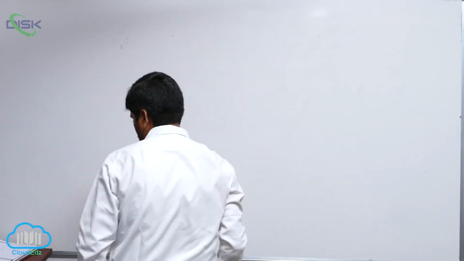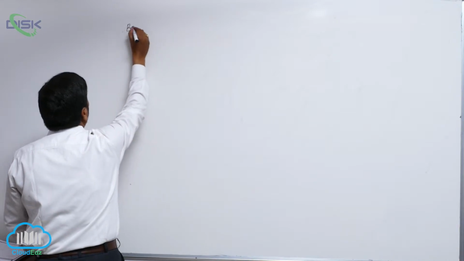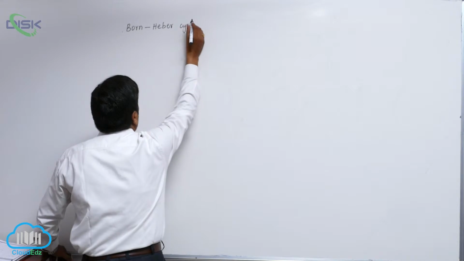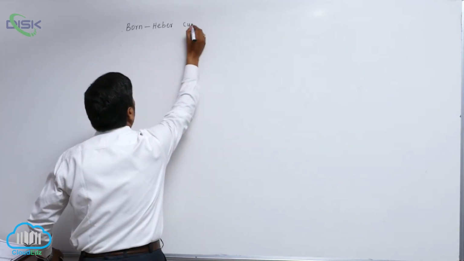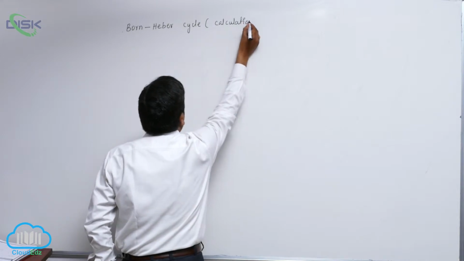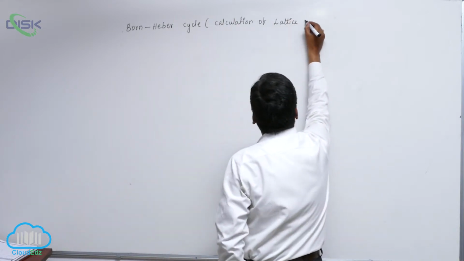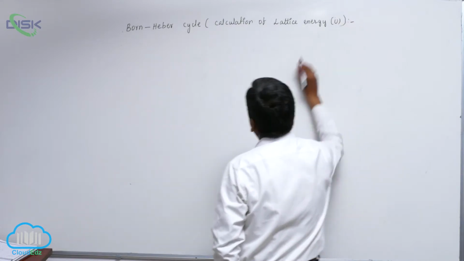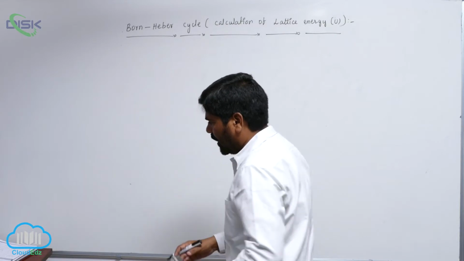The next topic is the Born-Haber cycle, used for the calculation of lattice energy, represented by U. By using the Born-Haber cycle, lattice energy is calculated.